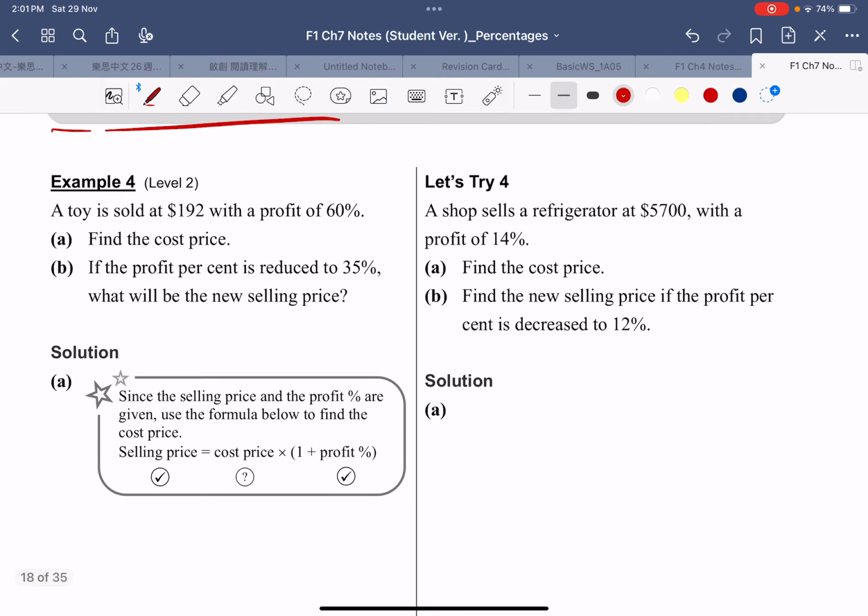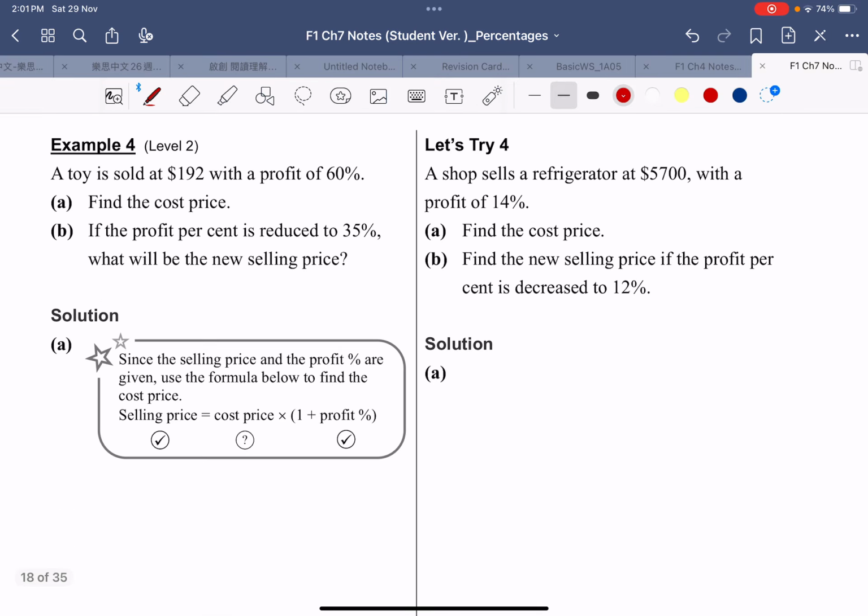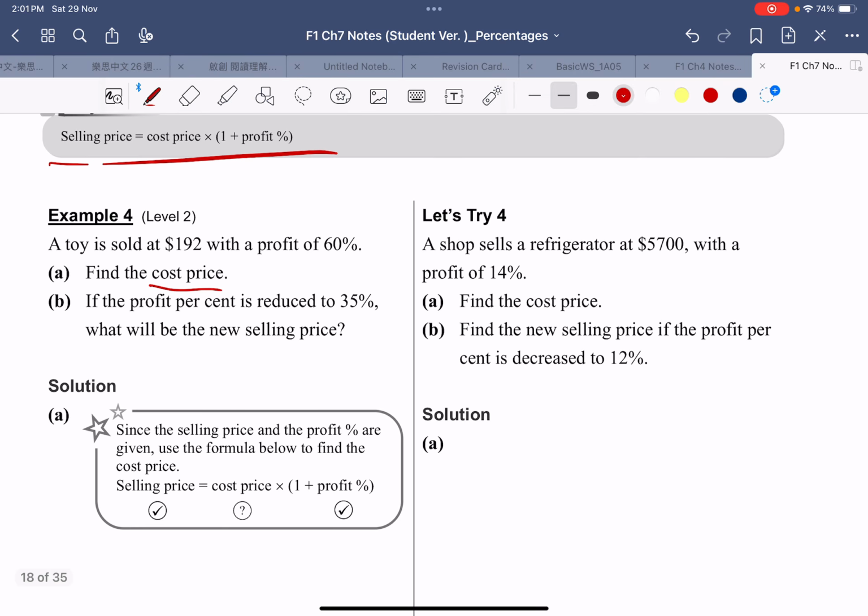And for the following example, I think you need to find the cost price. Okay, cost price first. So regarding this relation, the selling price equals the cost times 1 plus profit percent. You need to find this.